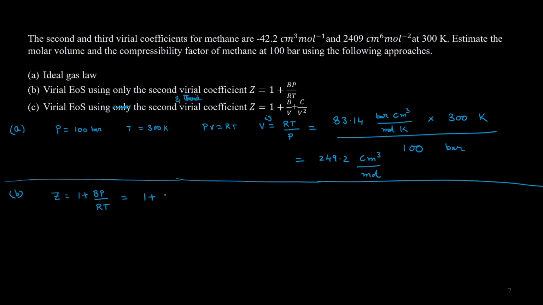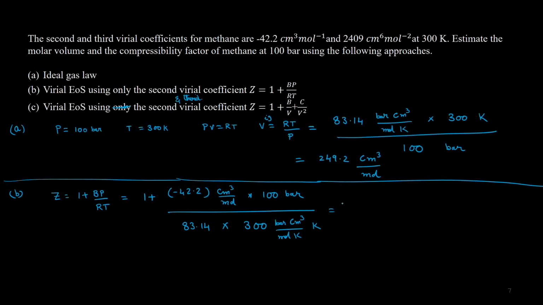It's going to be 1 plus, the value for B is negative 42.2 cm³ per mole times 100 bar, over RT, 83.14 bar cm³ per mole Kelvin times 300 Kelvin.